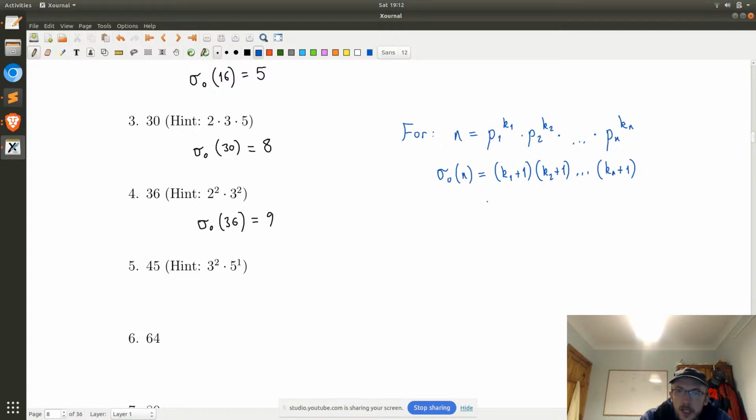And you could even be needlessly formal and official about it and say the product from i equals 1 to n of ki plus 1. Like that, a finite product.